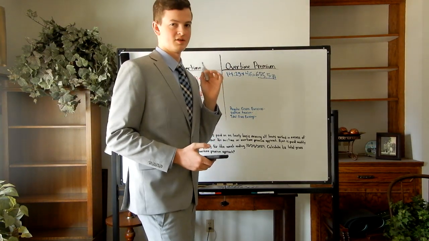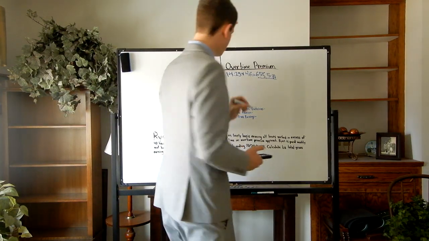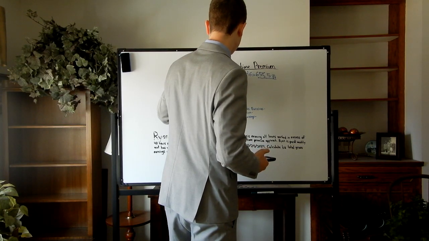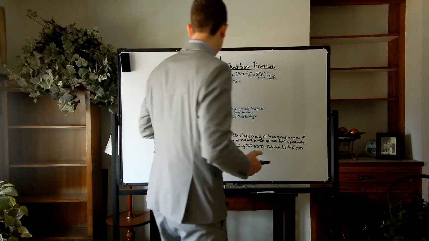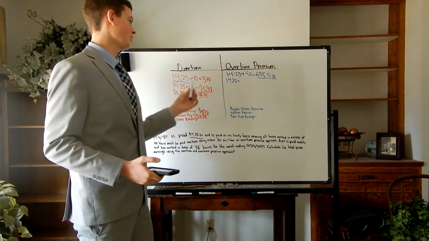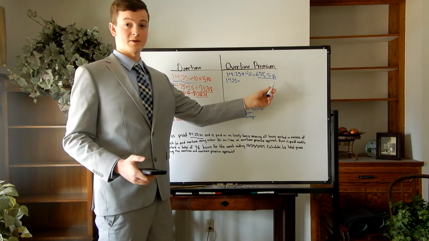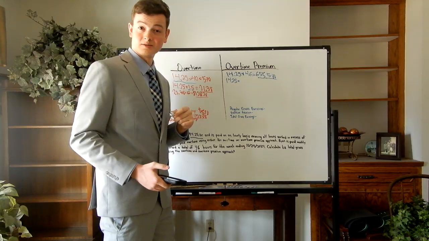Now, to calculate your overtime premium rate, you take $14.25 times, notice how you already did the 1 in your regular earnings spot, but you still have to do the 0.5.